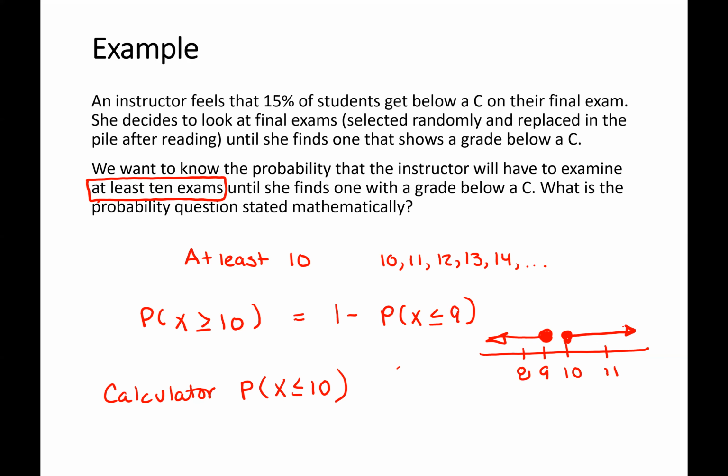Since the total probability is 1, to find greater than or equal to 10, we must subtract less than or equal to 9 from 1. So this would be 1 minus the probability that X is less than or equal to 9. Let's go do that calculation.